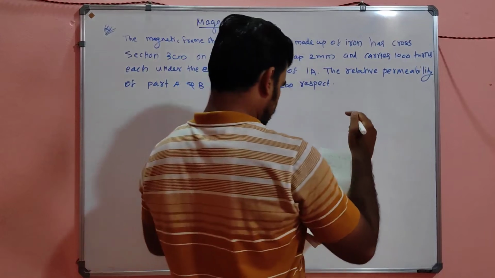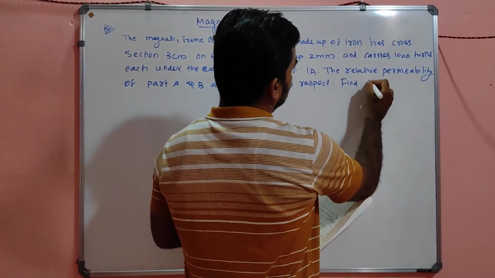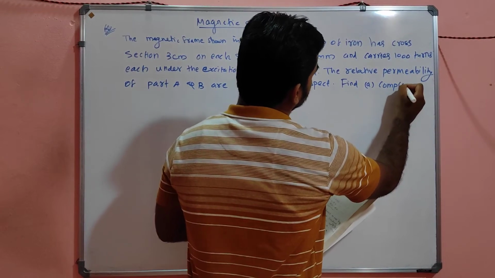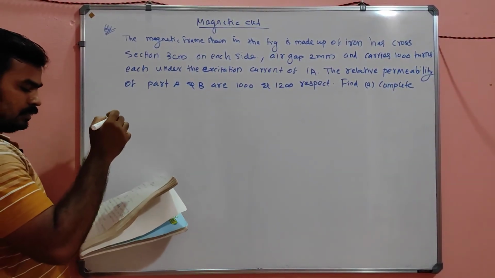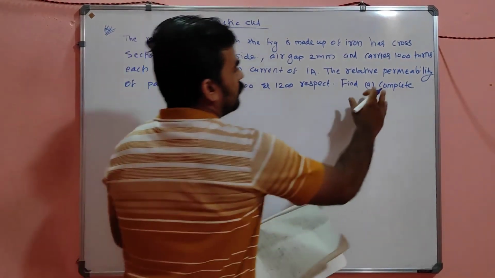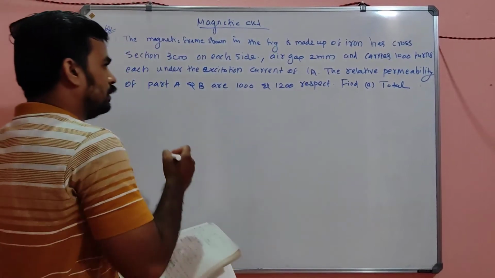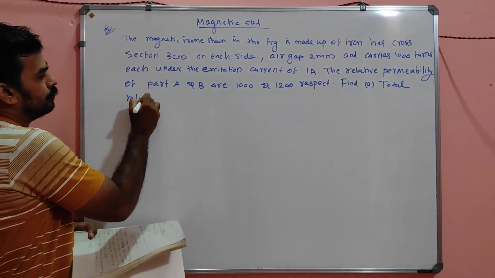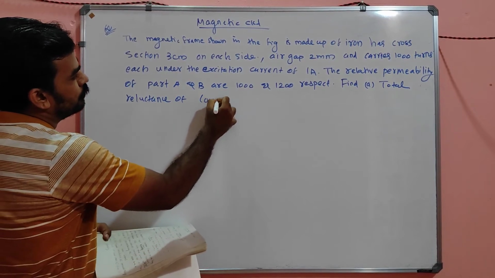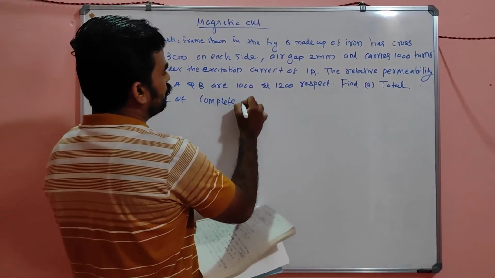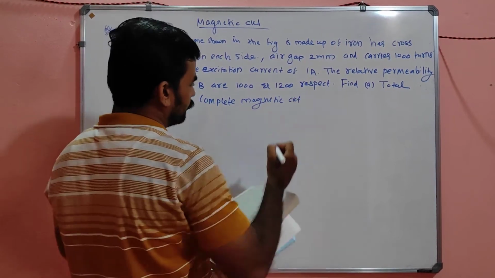Find A, complete reluctance or total reluctance of the complete magnetic circuit.